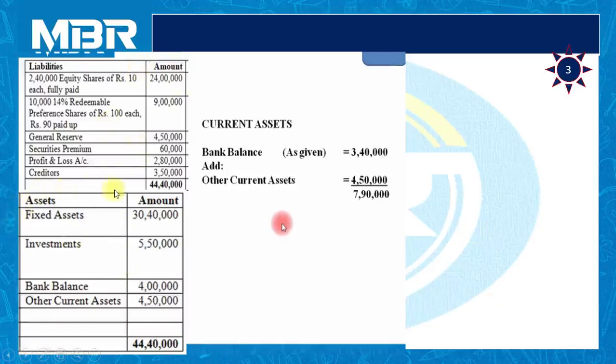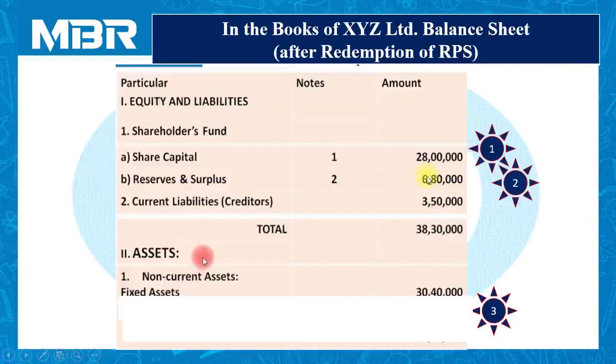On the asset side, information regarding fixed assets, rupees 30,40,000, is readymade given to us. So without any kind of calculation, simply insert the figure of fixed assets on the asset part of the vertical balance sheet.